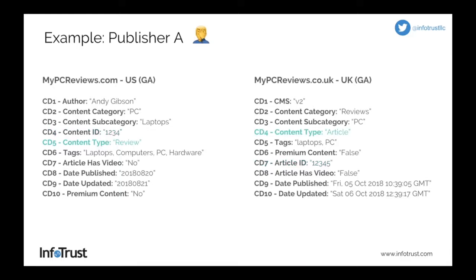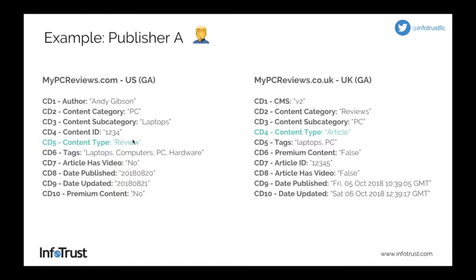Now also the content type, you can see here on the left side, the US is setting it to review, whereas the UK is setting it to article. If you remember, the UK was setting their content category to review, and now the US team is setting content type to review. So there's a mismatch here with data. They're collecting the same concept, content type, but they have different values and they're not categorizing that content the exact same.